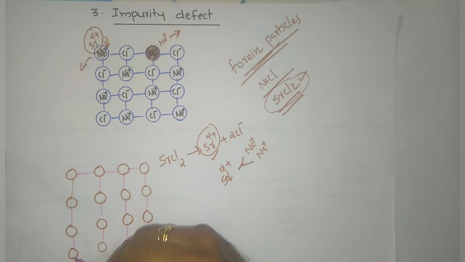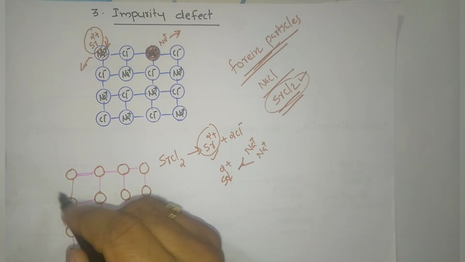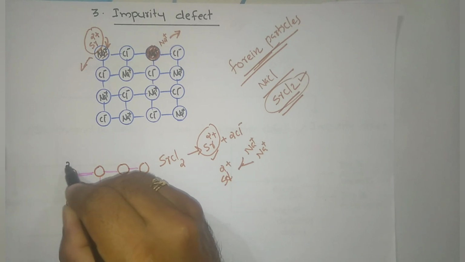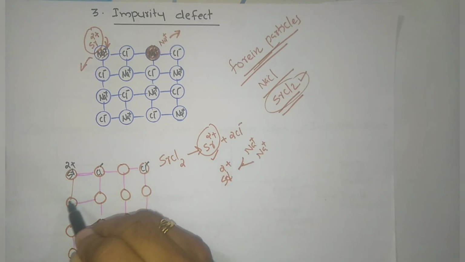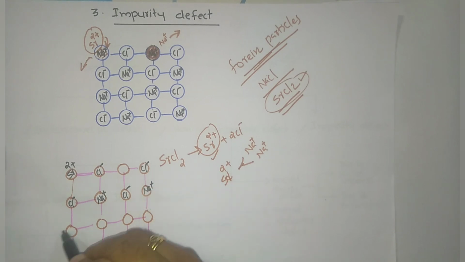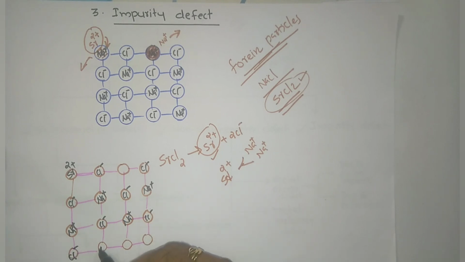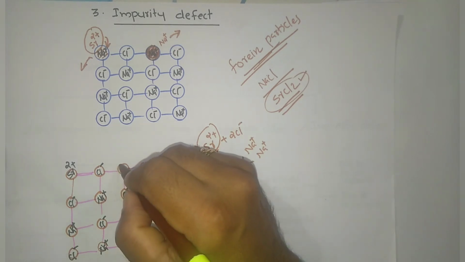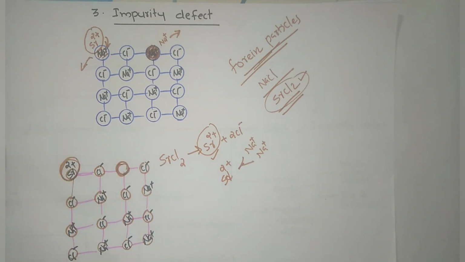Then Sr2 plus here. And Cl minus, Na plus, Cl minus, Na plus, Cl minus, Na plus, Cl minus, Na plus. This space is vacant. Then here it occupies Sr2 plus ion. Clear? This is the impurity defect.